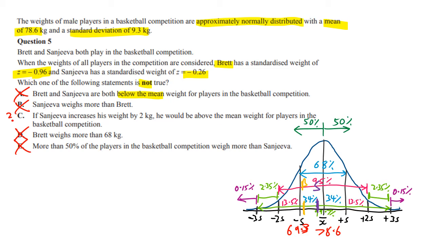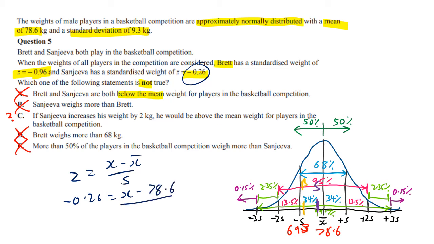So if you want to, you can use the formula that the Z score equals X minus X bar over S. So we know the Z score for Sanjeeva is minus 0.26, so it's minus 0.26 equals the X, which we don't know, minus X bar, which was 78.6, and we divide that by the standard deviation S, 9.3.